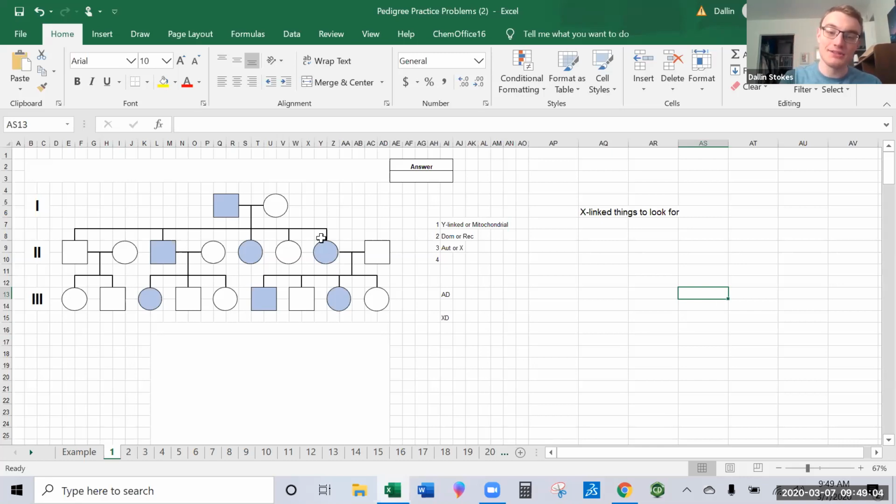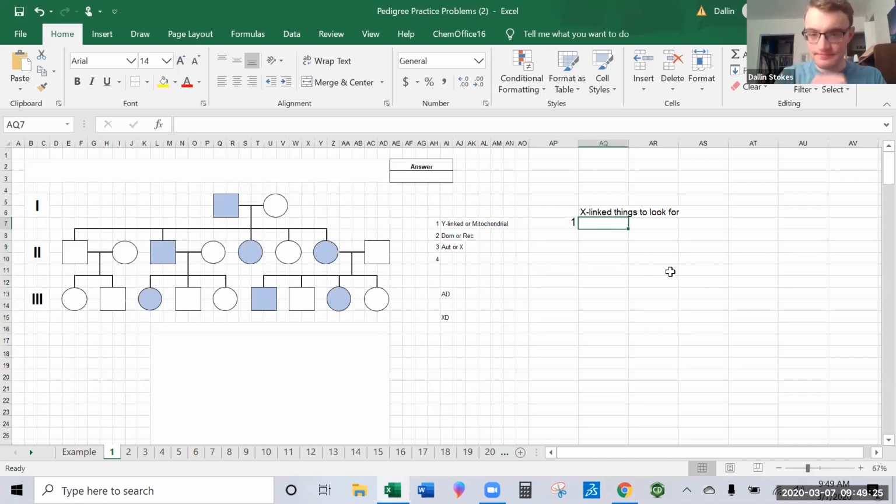And in this case, here are the things to look for on X-linked. First off, I guess we'll remember these here. That's right, I gotta upsize these too. Okay, there we go.